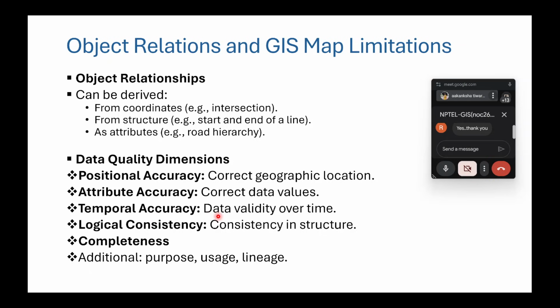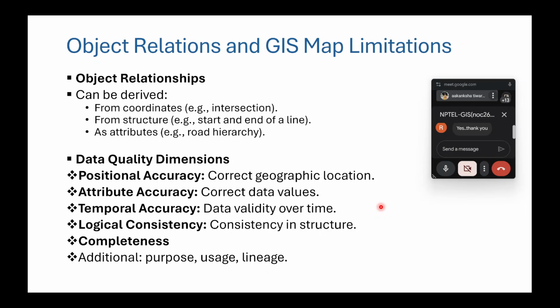Third is temporal accuracy. So you need to validate the data over time. Suppose you are looking at population or something else, like a lake area, and over time it can change. Okay, so if you are looking at data that is very old, that is not going to be accurate for the current period.